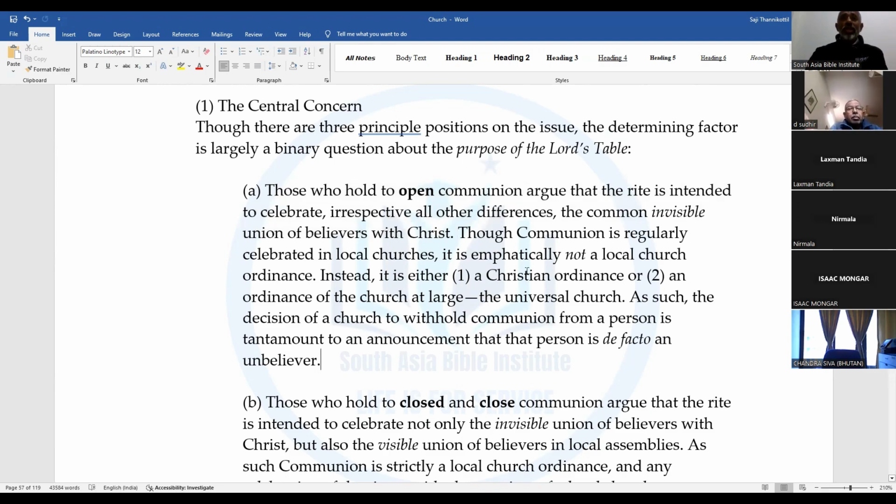Though communion is regularly celebrated in local churches, it is emphatically not a local church ordinance. This is what many people are saying. So if it is not a local church ordinance, it is generally a Christian ordinance. Anyone can join, right?